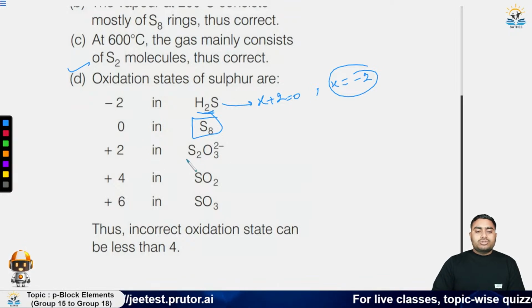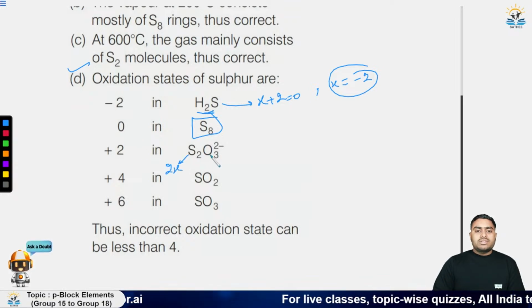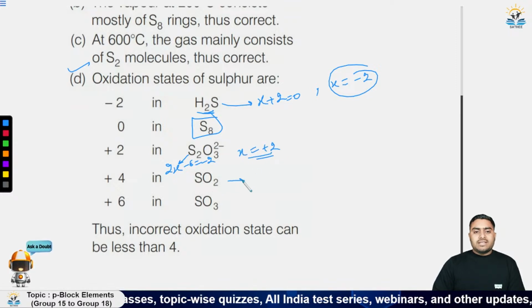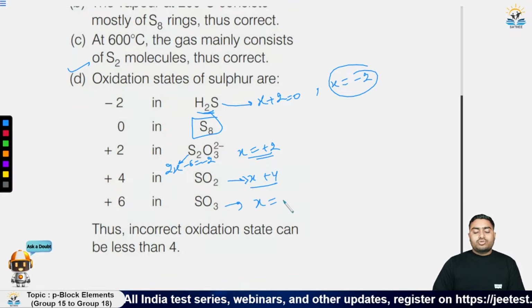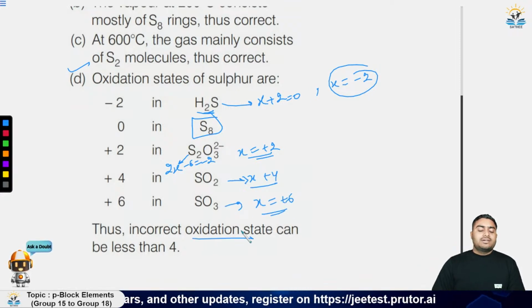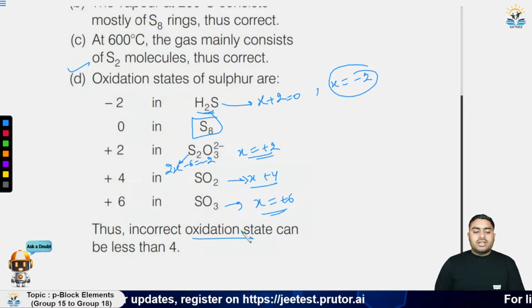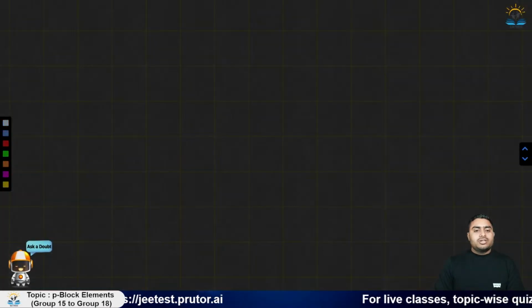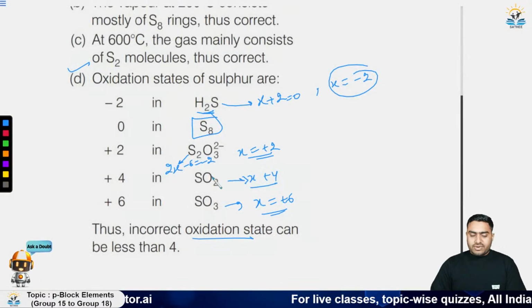And in H2S2O3, 2x minus 6 equal to minus 2, so x is plus 2. Similarly, in this case x is plus 4, in this case x is plus 4, and in this case x comes out to be plus 6. It can go beyond plus 4 as well. Thus the incorrect statement is this one, that the oxidation state cannot be less than +4. I hope you are getting this point, so you can understand this question very clearly.